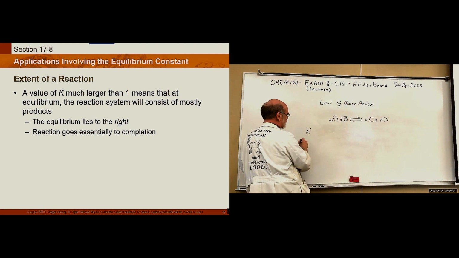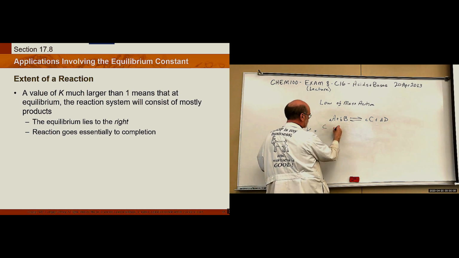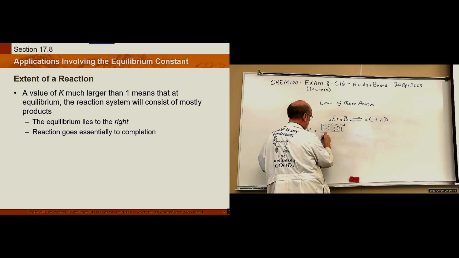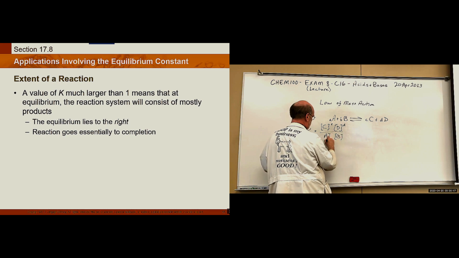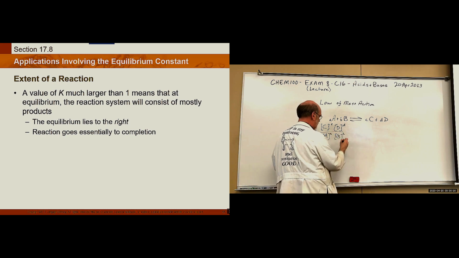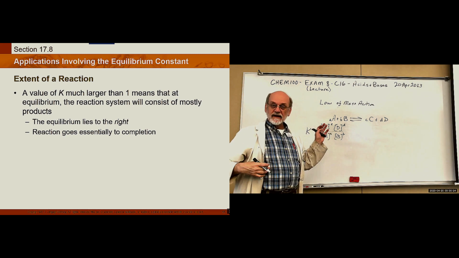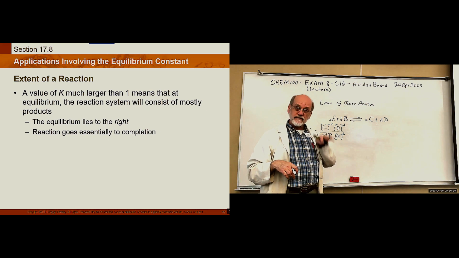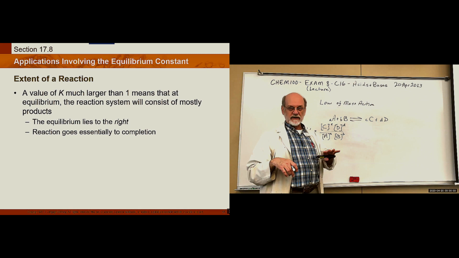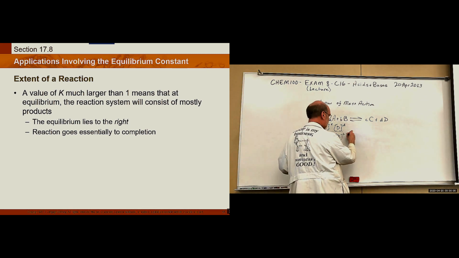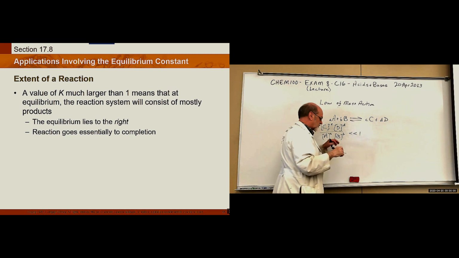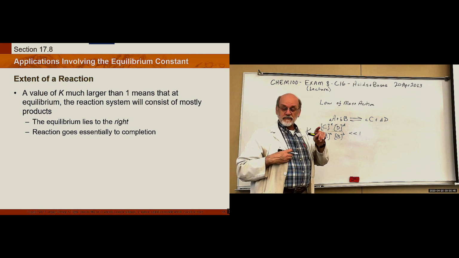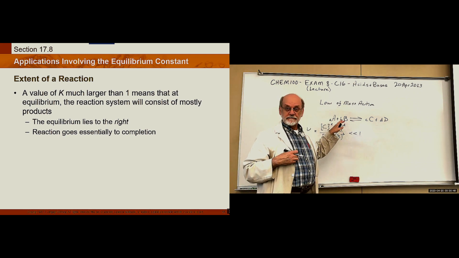We've calculated a K for that value, so we have C and D divided by A and B. Now, if the equilibrium as established gives us a value of K that's very, very small, much less than 1, if this value is extremely small, what does that tell us about the reaction, the equilibrium position for a set of concentrations?